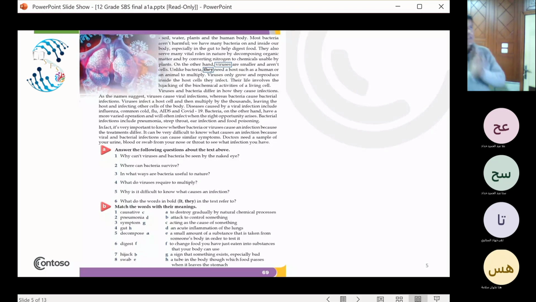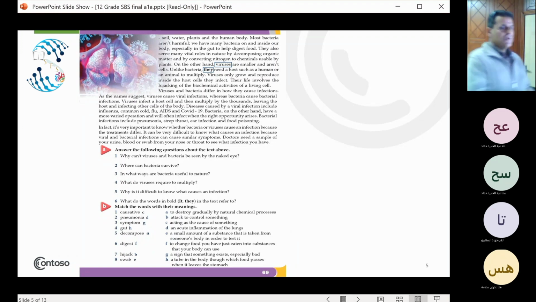Viruses only grow and reproduce inside the host cells. They infect. Their life involves the hijacking of the biochemical activities of a living cell.